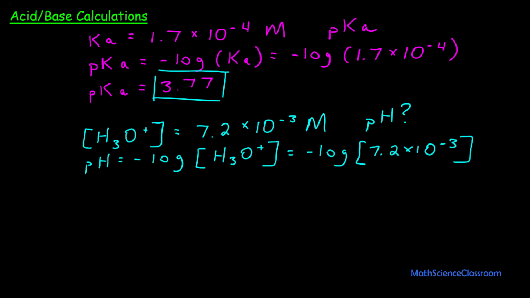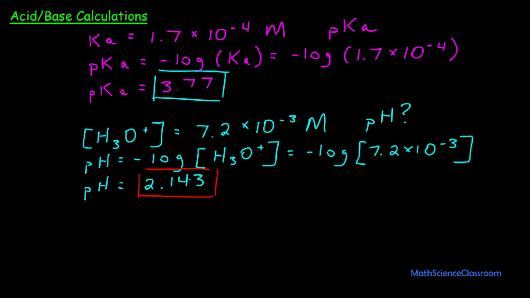So we'll punch that in. Negative log 7.2 times 10 to the negative 3. And the result is 2.143. And let's circle that.